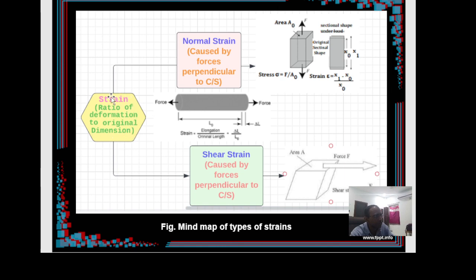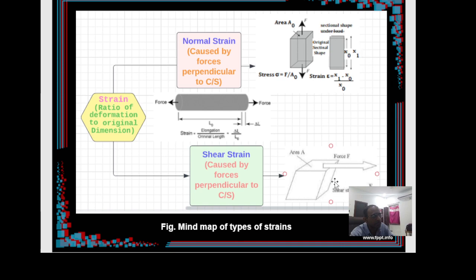The strain and stress both happen simultaneously, and this strain is divided into two types, primarily normal and shear strain. When the applied force is in the direction perpendicular to the cross sectional area, we call it normal strain. Otherwise, if it is parallel, we call it shear strain. And this is how it is measured, the deformation by original length, right.